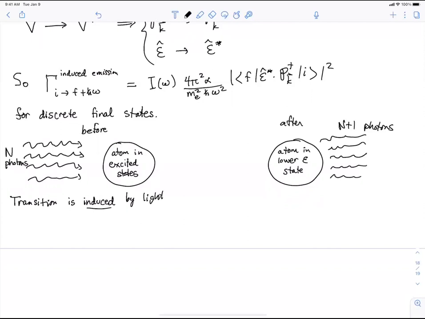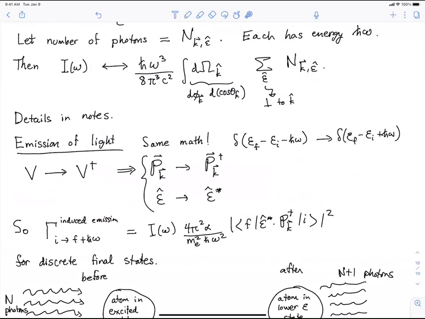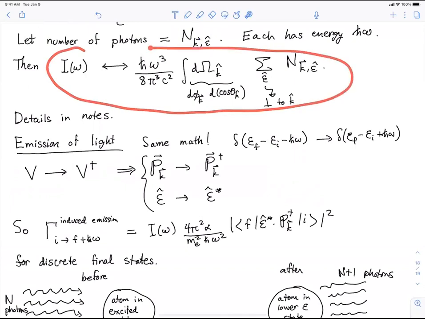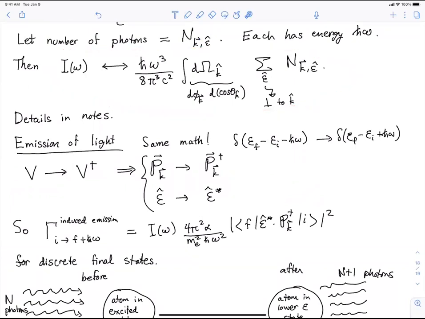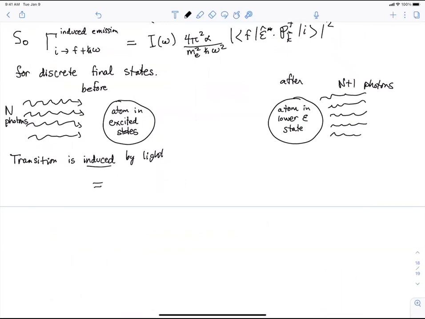And so just for the record, let's write down the answer in terms of the photon occupation number. So what do I do to do that? I go back up to this formula. I plug that in. I cancel whatever pi's and h bars need to be canceled. And you get this. You get the fine structure constant, omega over 2 pi times the mass of the electron squared, c squared.